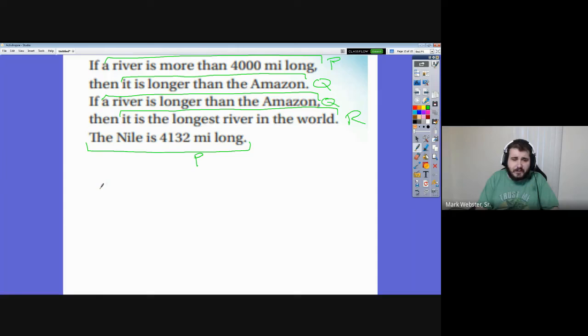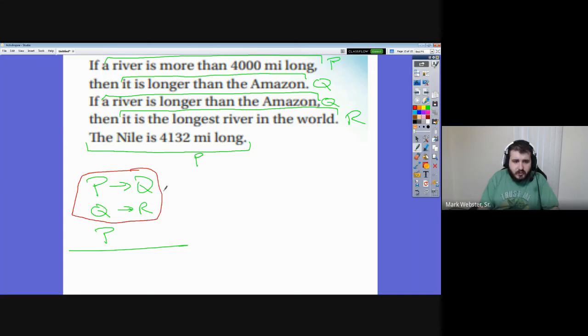Let's put all that together. We've got a P implies Q. We've got a Q implies R. And we've got a P. What does this tell us? Well, once again, from the previous one we did, we can take the time to write it out. We can say, all right, well, using the law of syllogism, we can combine these.